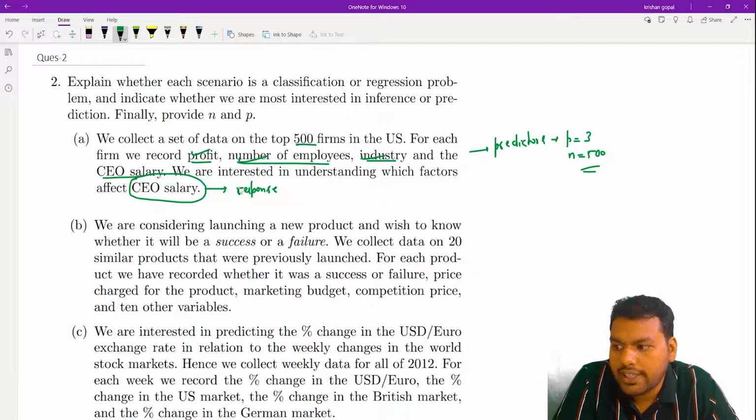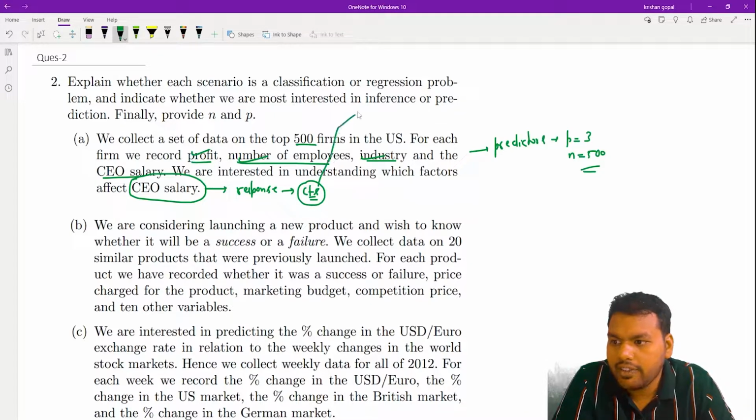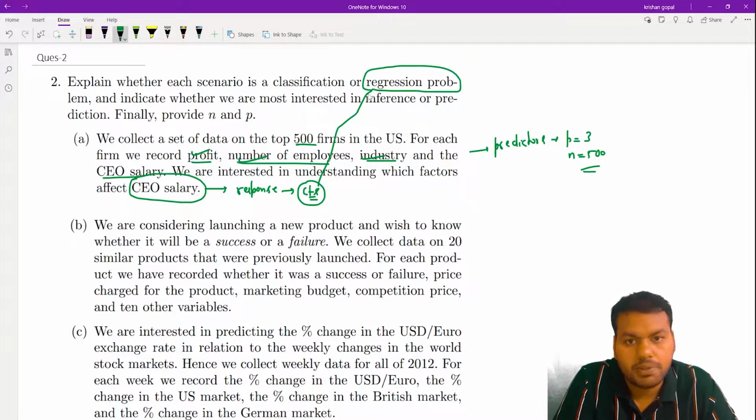Now as I said, CEO salary is a response variable. Our response variable is continuous here, because salary can't be discrete. Salary is a continuous variable. So once this salary is continuous, I will directly comment that this problem belongs to the regression problem.